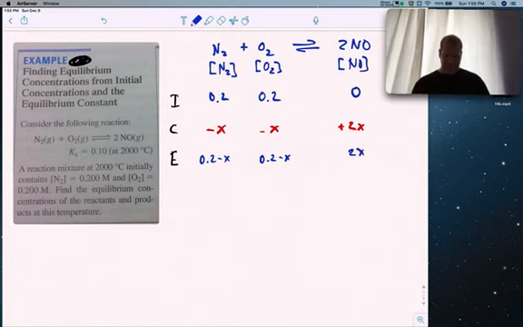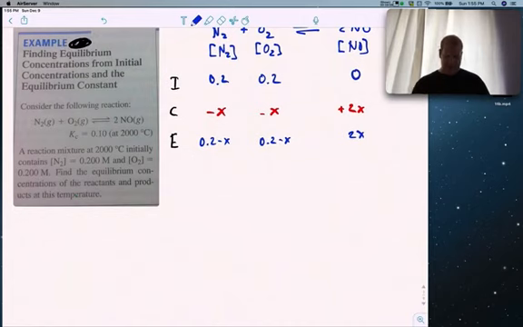So now we do our expressions. Our Kc of 0.1 is equal to the concentration of NO squared all over the concentration of N2 times O2.